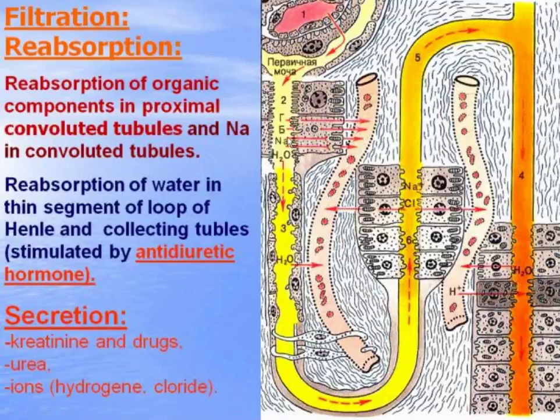By this, creatinine and drugs are absorbed in the proximal convoluted tubule. In the loop of Henle, urea is absorbed. And here, in collecting tubules, hydrogen and chloride ions are secreted, so the composition of urine changes.